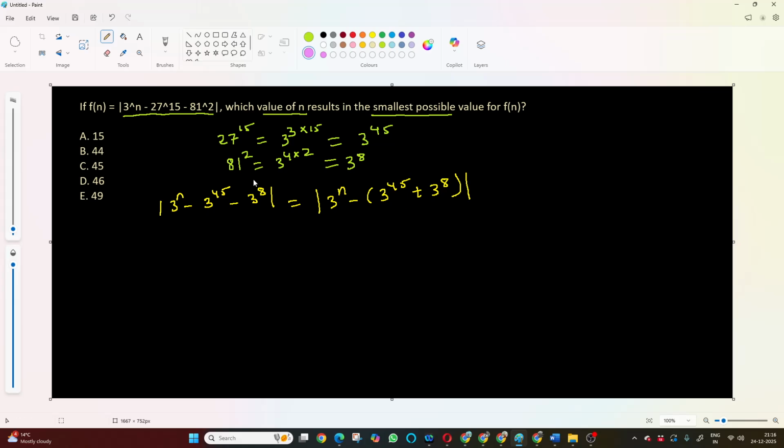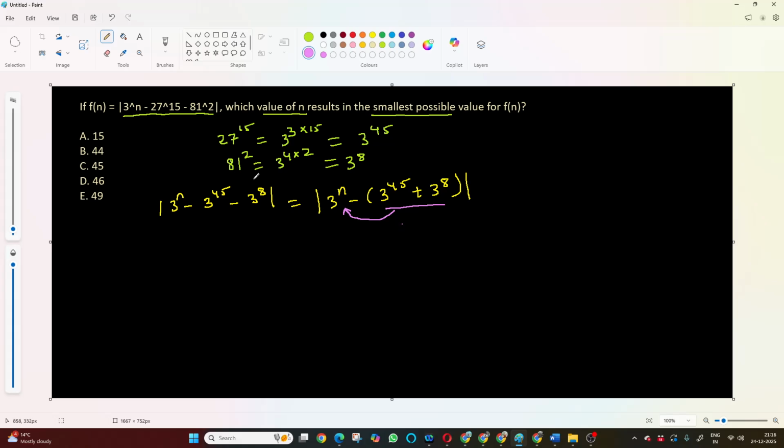But that is not the case here. So the whole idea is to make the expression 3 to the power 45 plus 3 to the power 8 as close as possible to 3 to the power n. If we do that, the modulus of that difference will give me the smallest possible value for Fn.